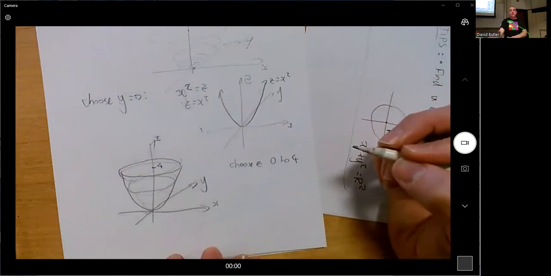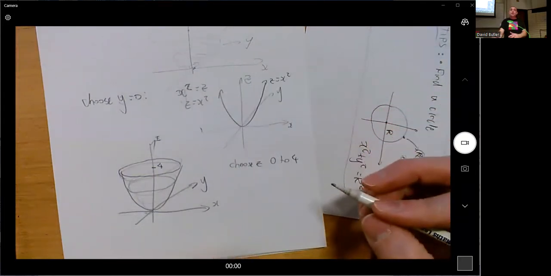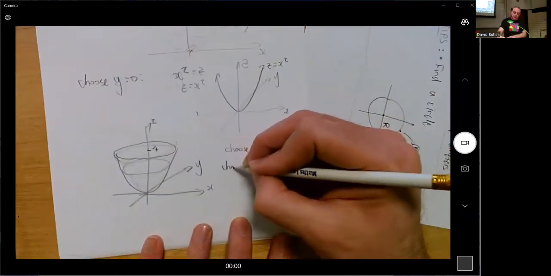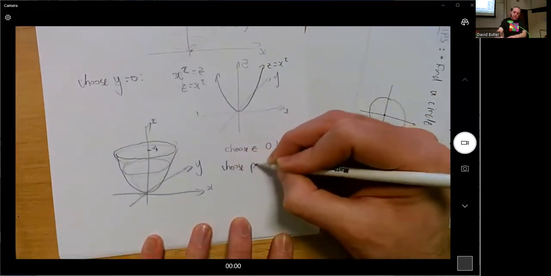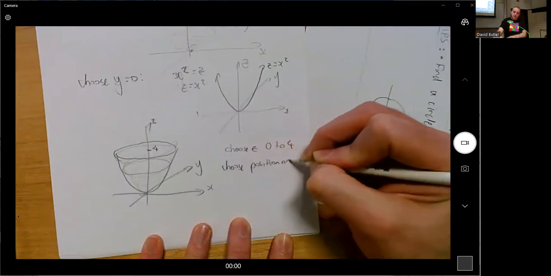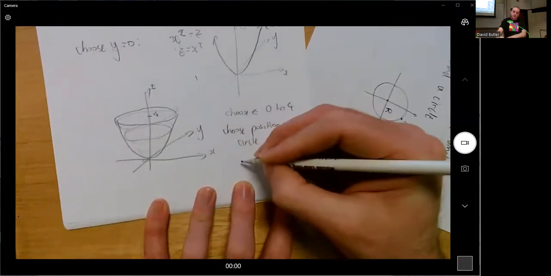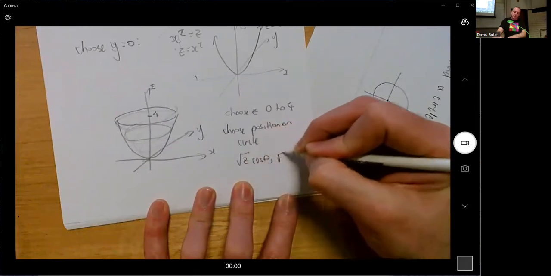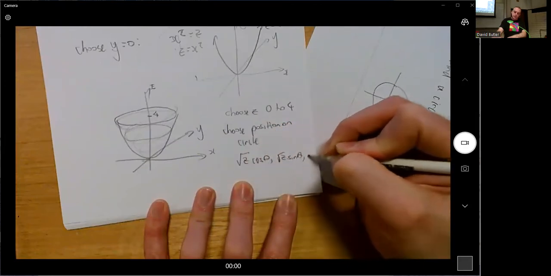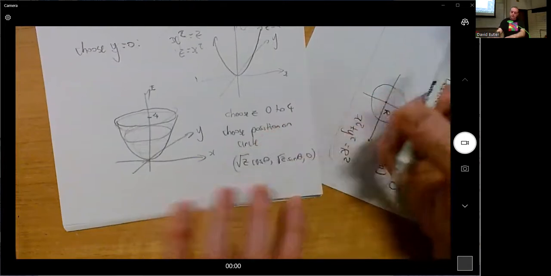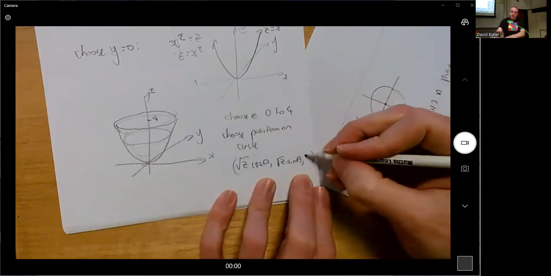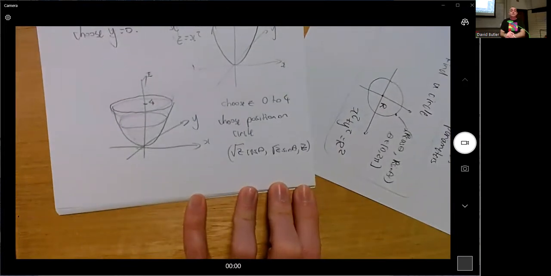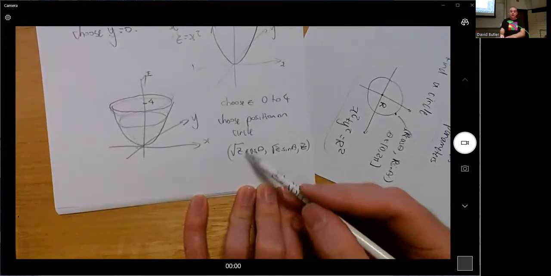And then once I've chosen z, I've got a circle of radius root z, because the radius is root z.